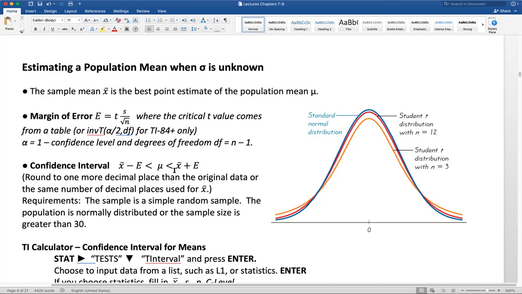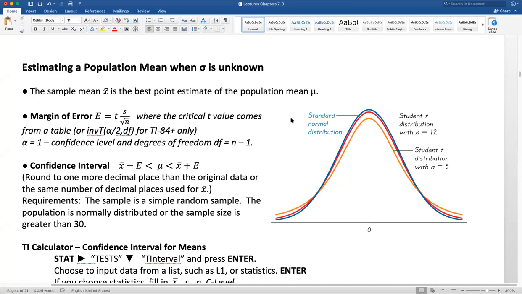Okay, so similarly, what we did in 7.1 to estimate the population proportions, we're going to find the confidence interval based on the confidence level by finding the critical value, and then we can also figure out the margin of error.